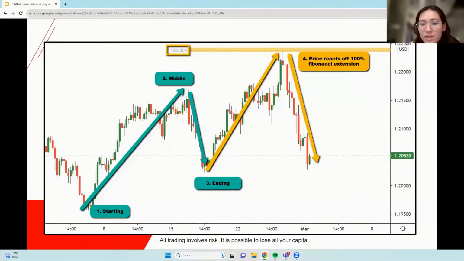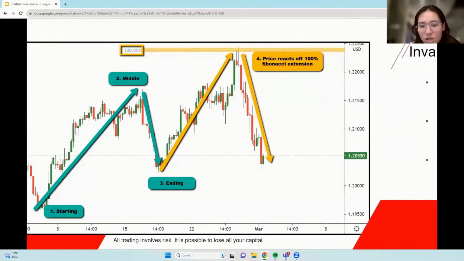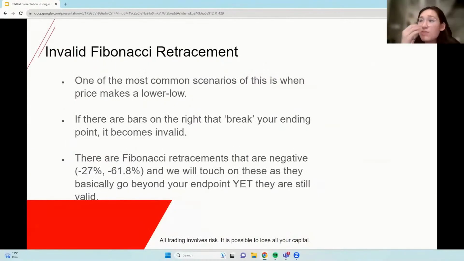Okay. Now that we know how to identify some Fibonacci levels, let's take a look at when is considered an invalid Fibonacci retracement. So when does a Fibonacci retracement become invalid?